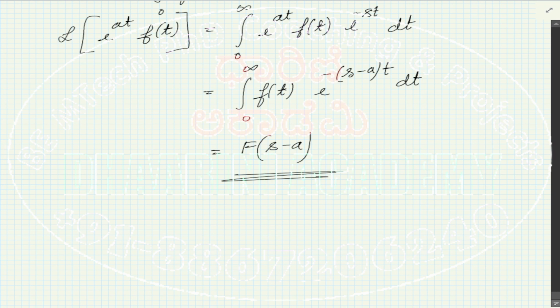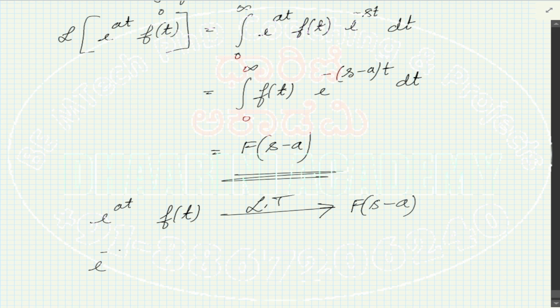So there is another way to represent the same property. Let's make an entry in our table like this: e to the at f of t will have the Laplace transform F of s minus a.